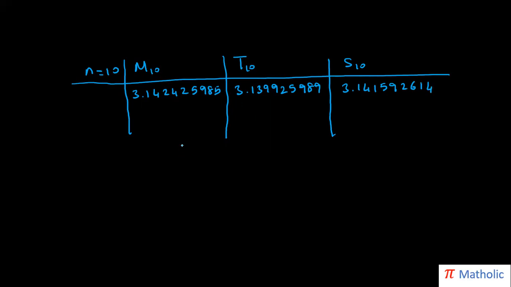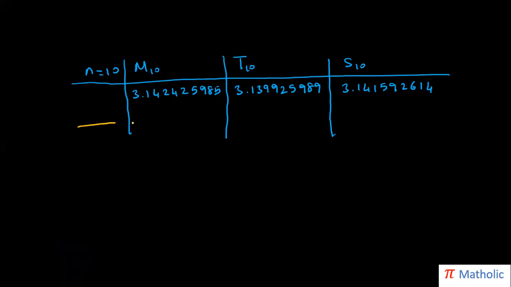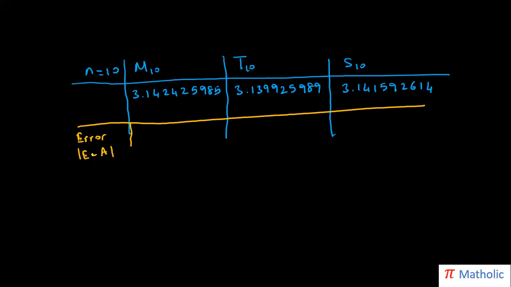So how do you know which one is more accurate? We check the error, right? What is the error? How do we find the error? The exact answer minus the approximated answer, in absolute value. So let's find the exact answer for this question. Our question is the integral from 0 to 1 of 4 over x squared plus 1 dx.